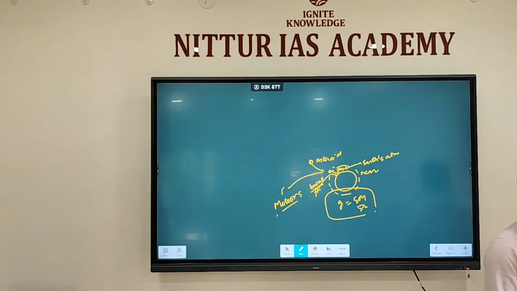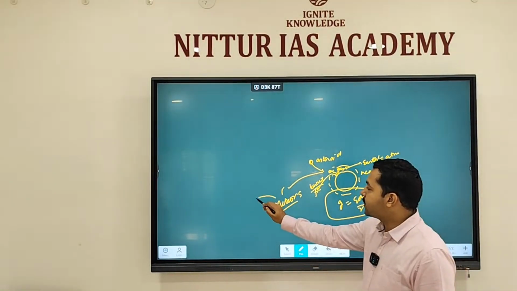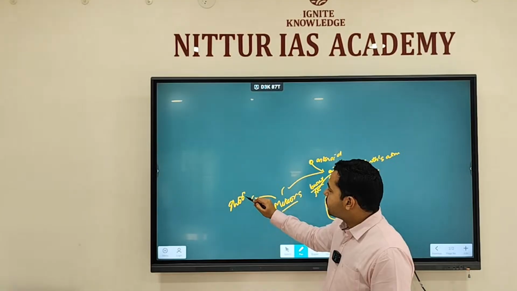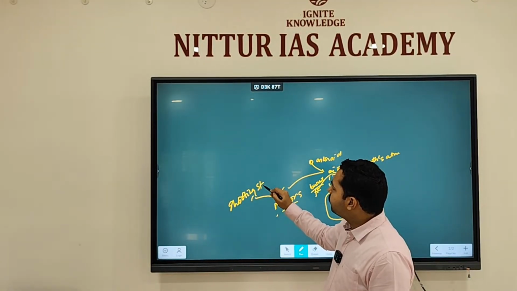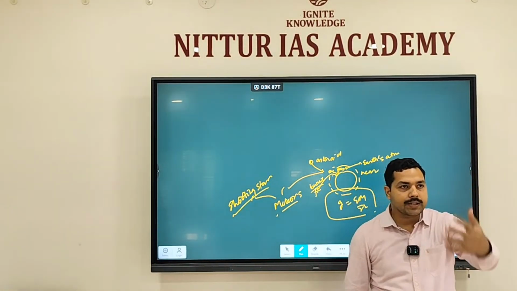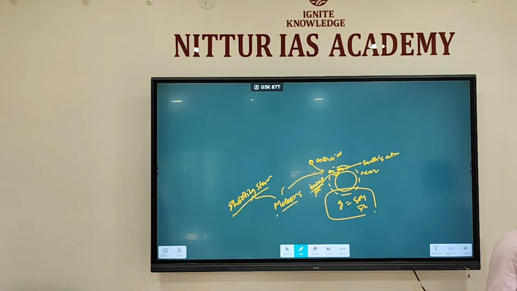Meteors are also sometimes referred to as shooting stars. Sometimes you have seen in a movie the stars falling down on the earth. That is nothing but meteors. A shooting star coming down onto the earth gets burnt because of Earth's atmosphere. Clear? So that is called a meteor.